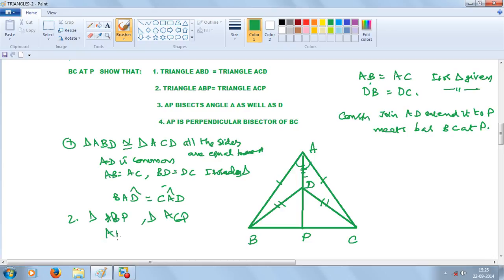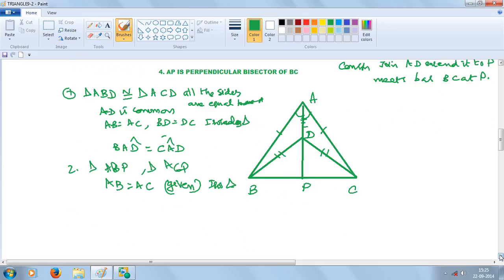We know AB is equal to AC, given, it is an isosceles triangle. In these two triangles AP is common to both the triangles.